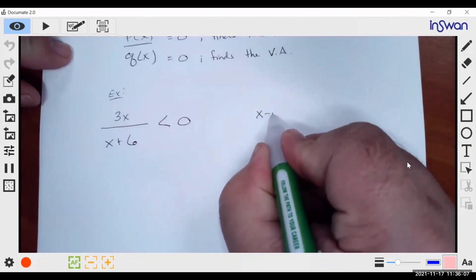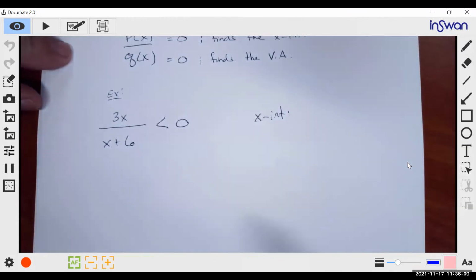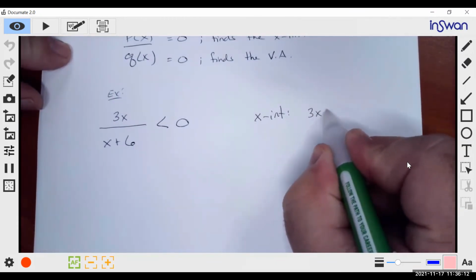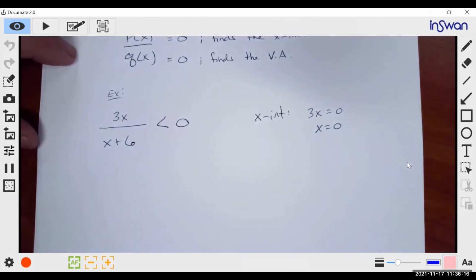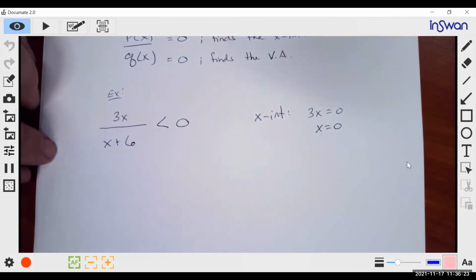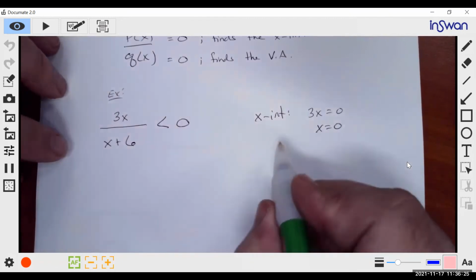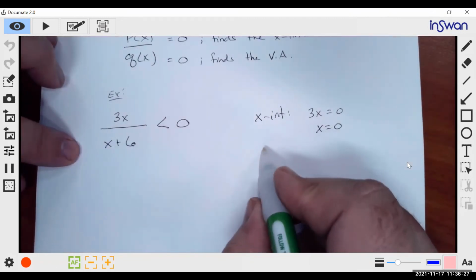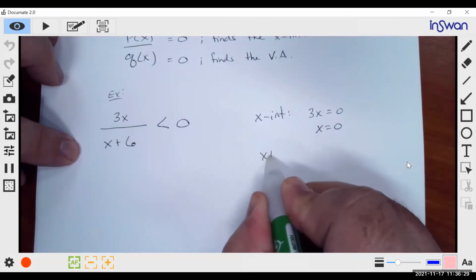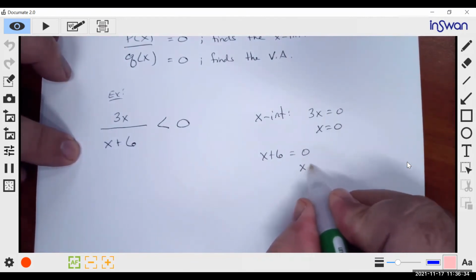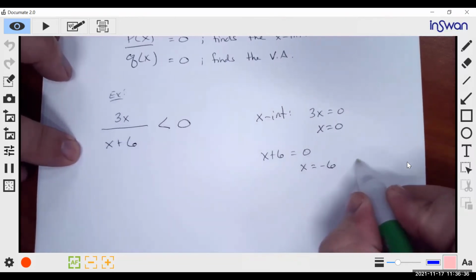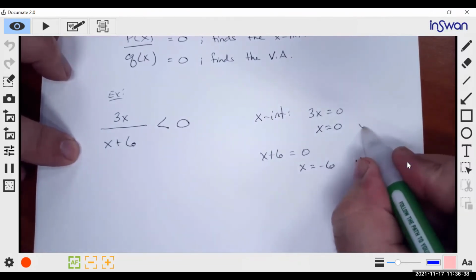What are my x-intercepts? Set the top equal to 0, x equals 0. The bottom, we have x plus 6 equals 0, so x equals -6. That's my vertical asymptote. This is my x-intercept.